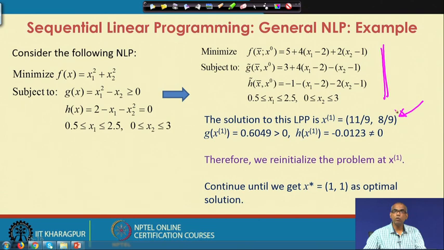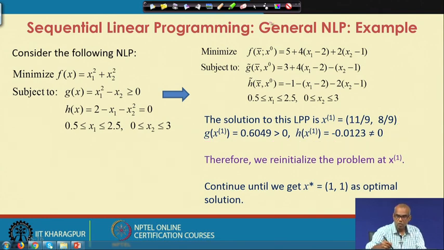Let us check if the inequality constraint and the equality constraint are satisfied. Inequality constraint is satisfied, but equality constraint is not satisfied, it is minus 0.0123. If it is very, very small, we will take it as 0, but we can do better. Therefore, we will reinitialize the problem, that means we will relinearize the problem at x 1, which is 11 by 9 and 8 by 9, and we will proceed as follows.